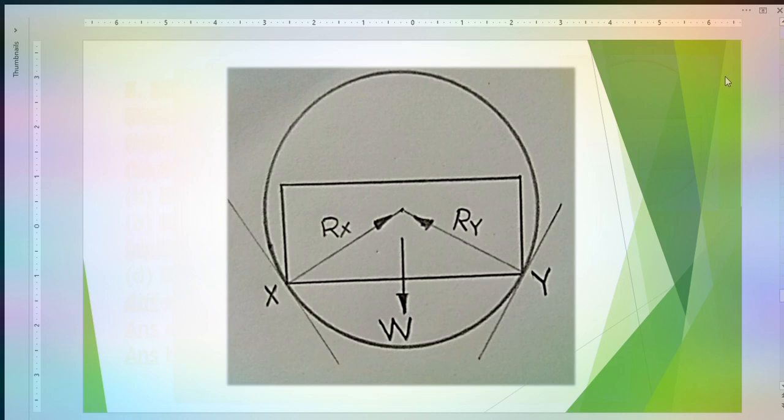The perpendicular to the tangent always passes through the center. Hence the reaction force will pass through the center of the tunnel.